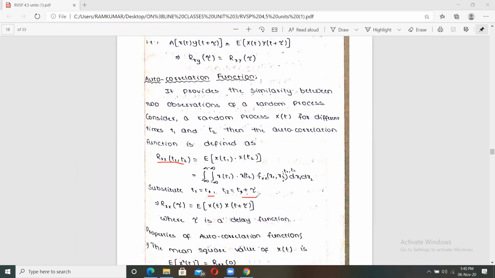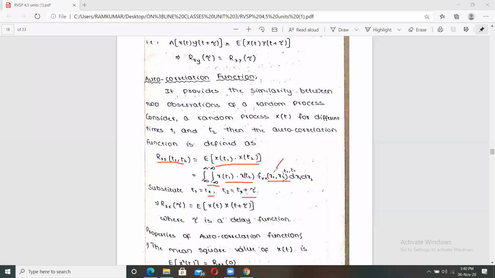That means there are two time instants, right? It is equal to expectation of x of t1 into x of t2. And also the formula for this is, you consider two time instants of a random process, then we consider double integral x of t1 into x of t2 f suffix x1 x2 colon t1 t2.